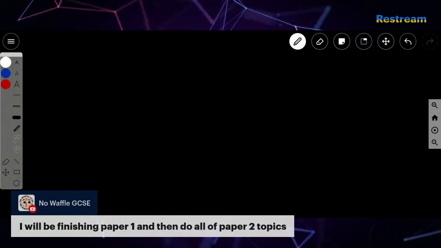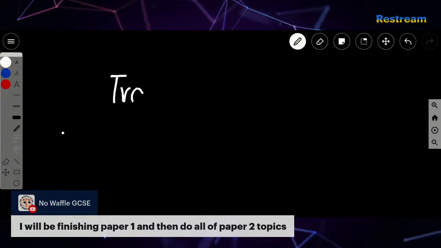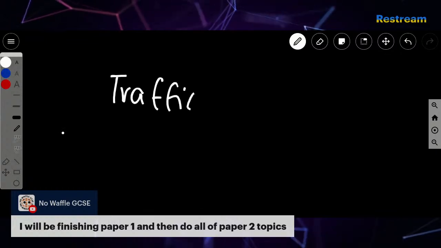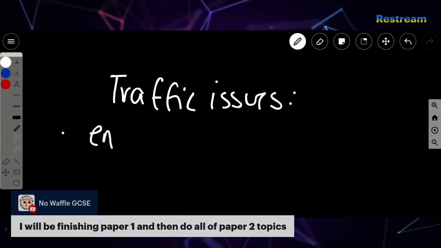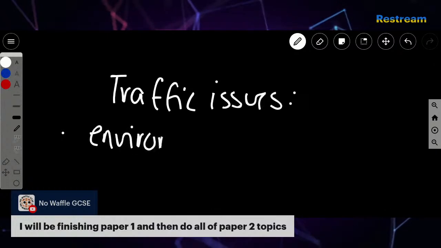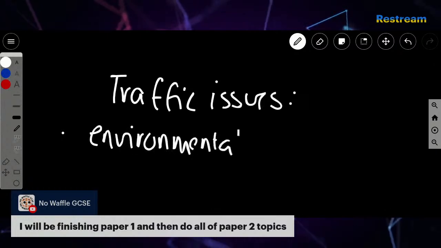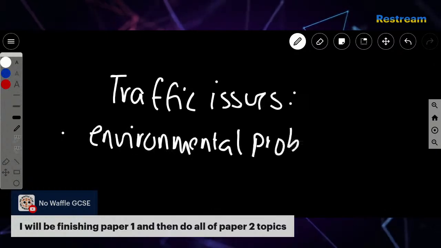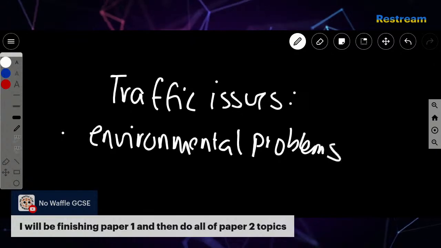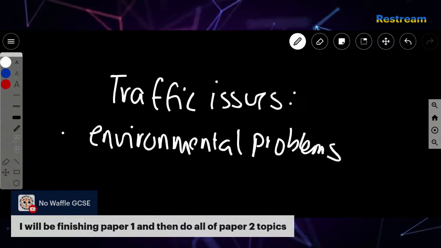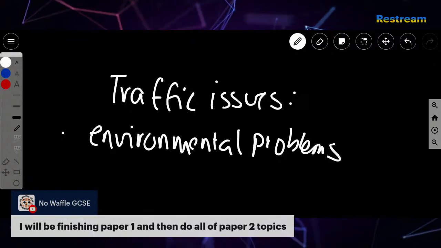First of all, the issues of traffic include environmental problems. Lots of traffic increases air pollution, and the release of greenhouse gases then contributes to climate change. And we know where it goes from there.